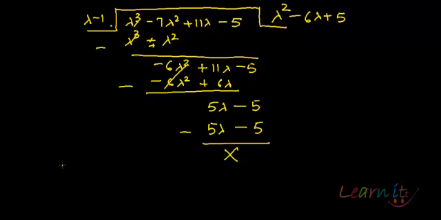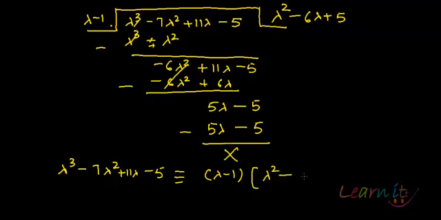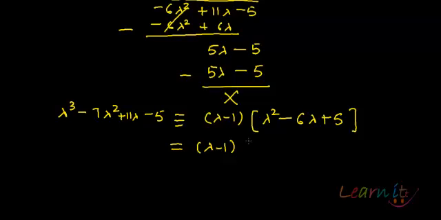So that means lambda cube minus 7 lambda square plus 11 lambda minus 5 can be factorized into lambda minus 1 comes common, and it gets multiplied with lambda square minus 6 lambda plus 5. If you notice, you can again break this lambda square minus 6 lambda plus 5. How? We can just do the factorization method, and with which I can use 5 and 1 as the factors.